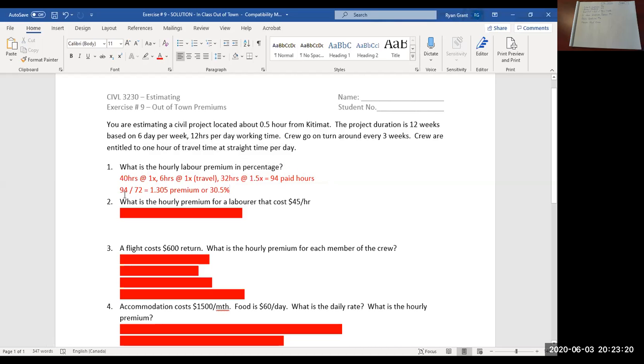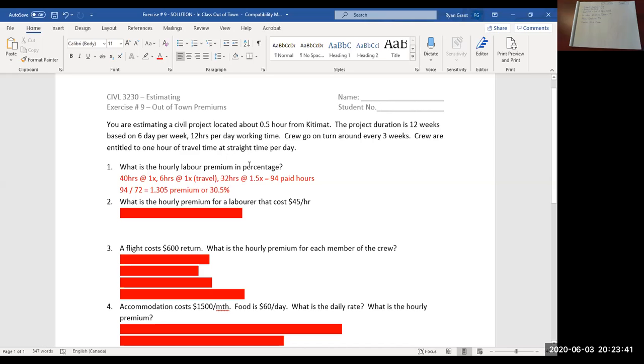So 94 paid hours divided by 72 hours of working hours equals 1.305 premium, or 30.5% premium. So that's your labor premium percentage.